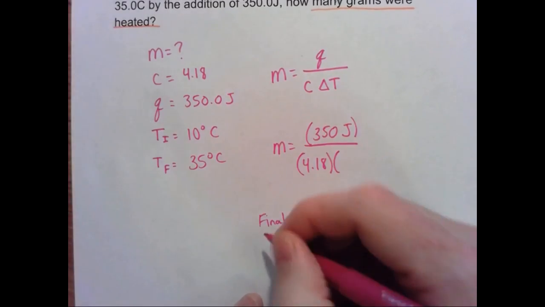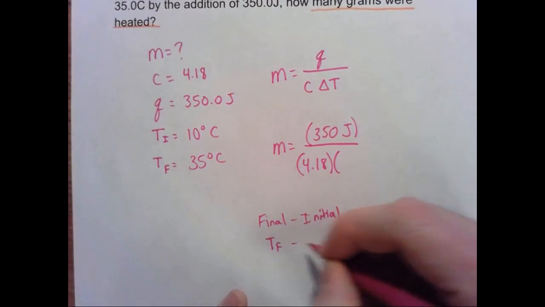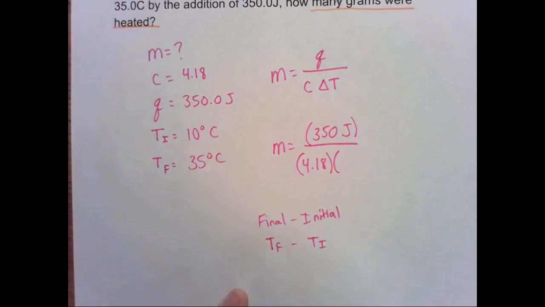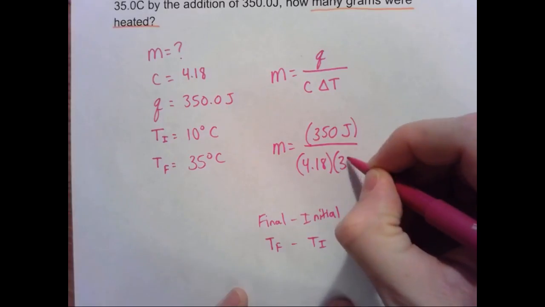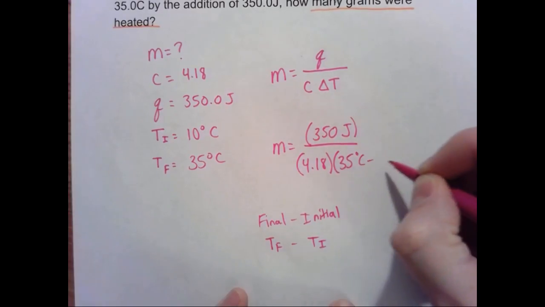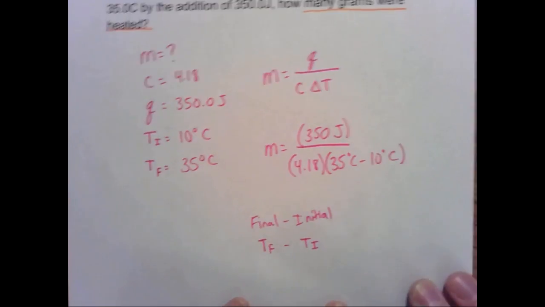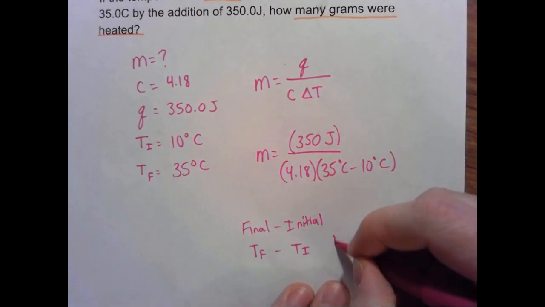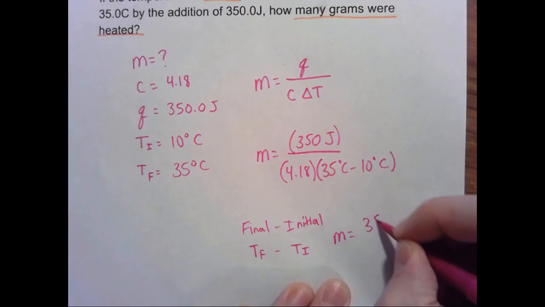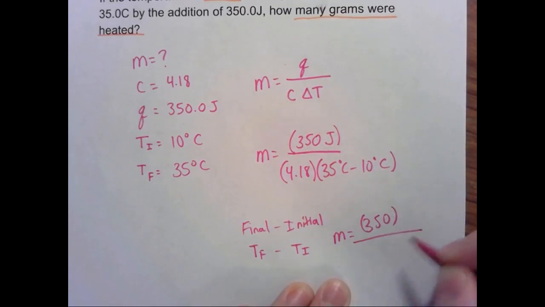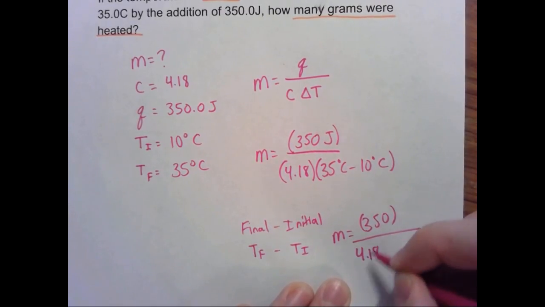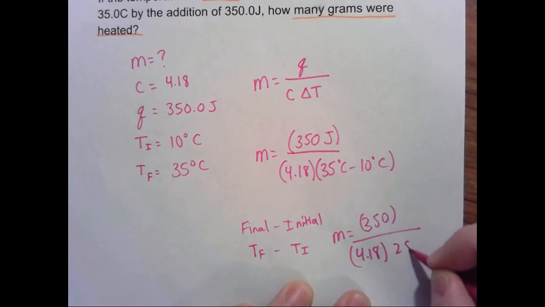So T final minus T initial. Don't get those mixed up or you'll come out with the wrong answer. So 35 degrees Celsius minus 10 degrees Celsius. We can go ahead and simplify that down a little bit. So M equals 350 over 4.18 and then 25 degrees Celsius.